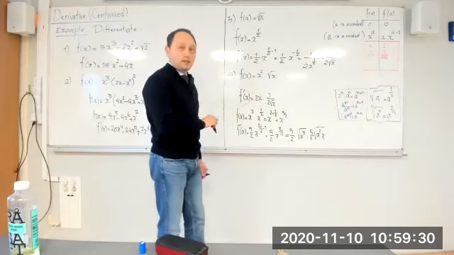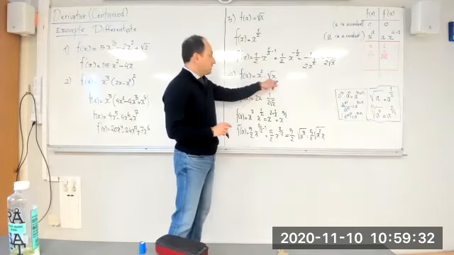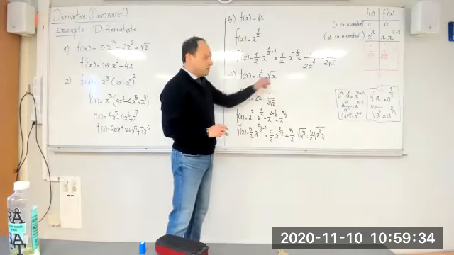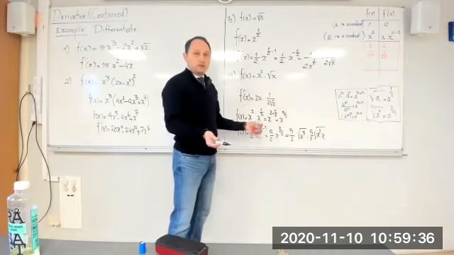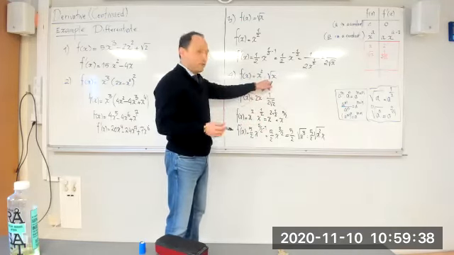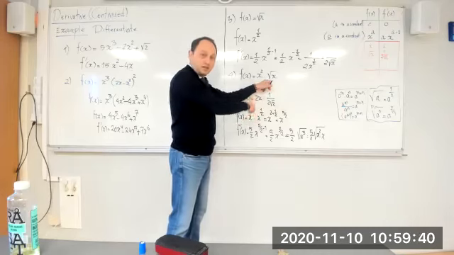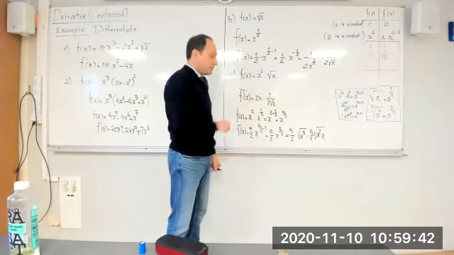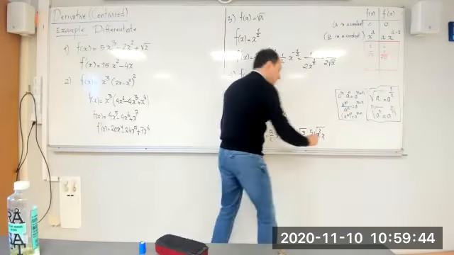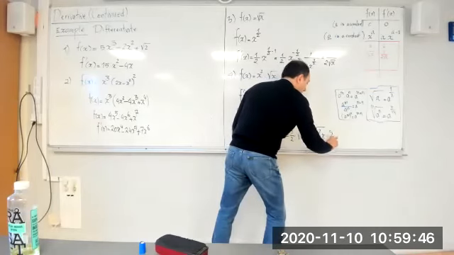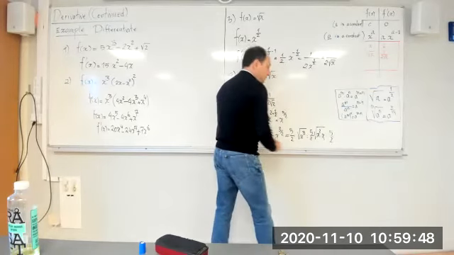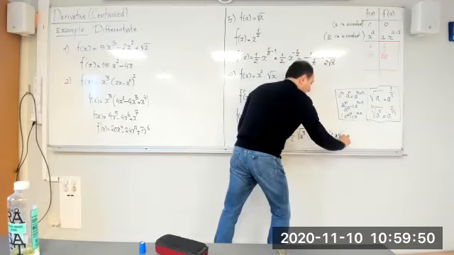The reason that I can remove it is because it appears in the function. If x is going to be negative, the function is not defined. So it means that if the function is defined and I am interested in calculating the derivative of the function, then I am on the safe side. I don't need to write the absolute value sign. So this becomes x square root of x.